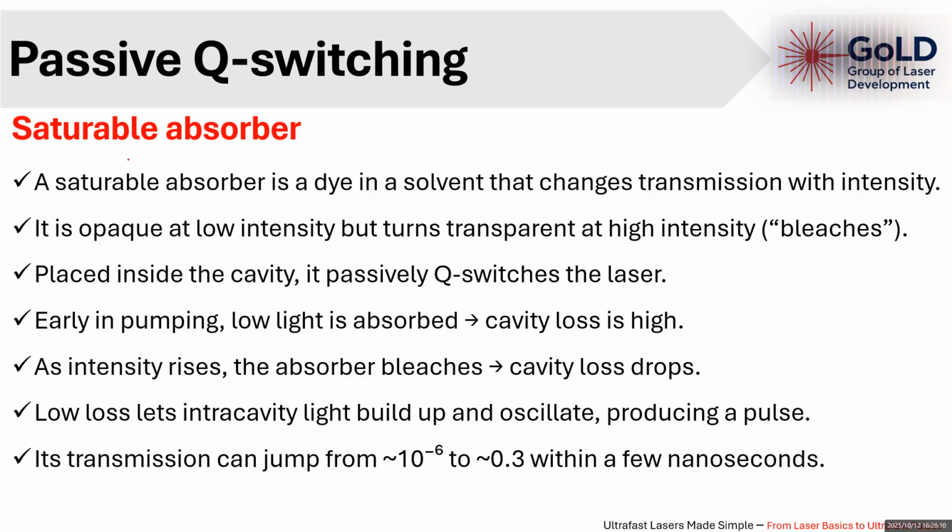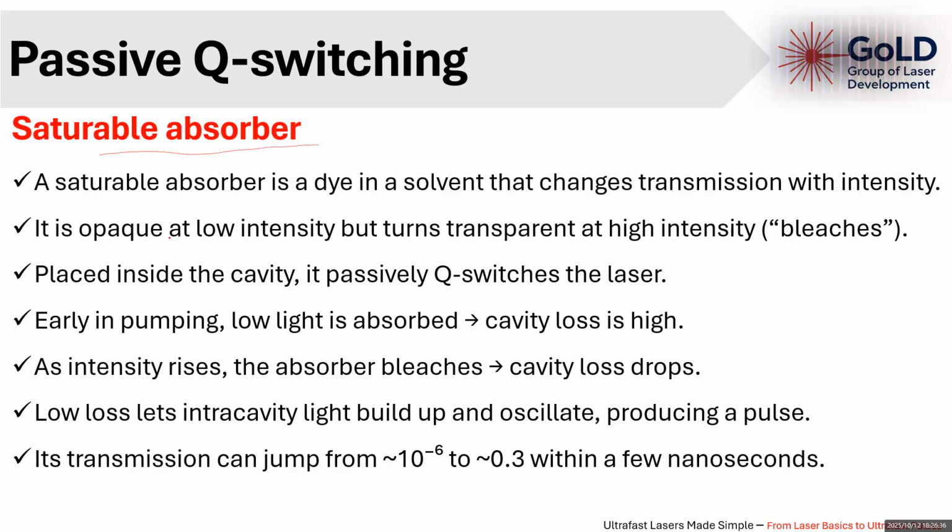It is called a saturable absorber. As its name shows, light passes through and it absorbs the light. When it is fully absorbed, it becomes bleached, and then it lets the light pass through. This is the dye solution.